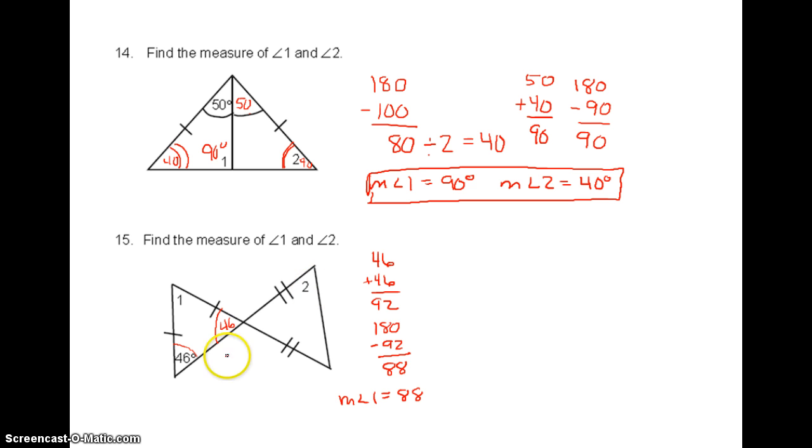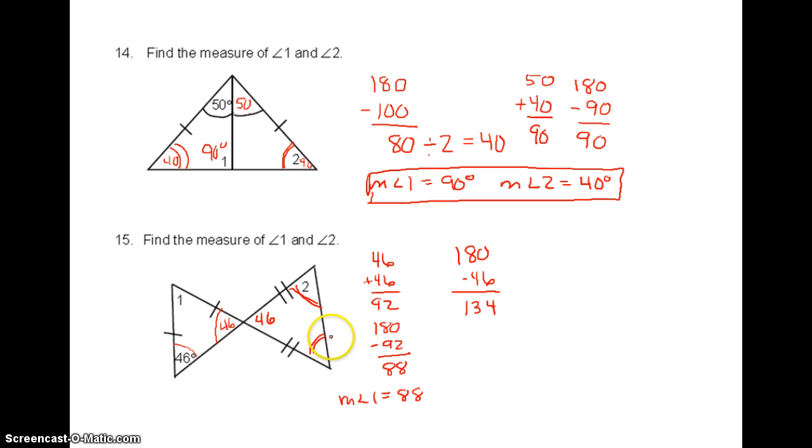Now let's find the measure of angle 2. This is 46, so is this. Okay, and we know that these two angles, because they're across from congruent sides, are also congruent. So this time we'll do it a little bit differently. We know that, again, 180 here. I'm going to subtract the 46 that I have, and that gives me 134.